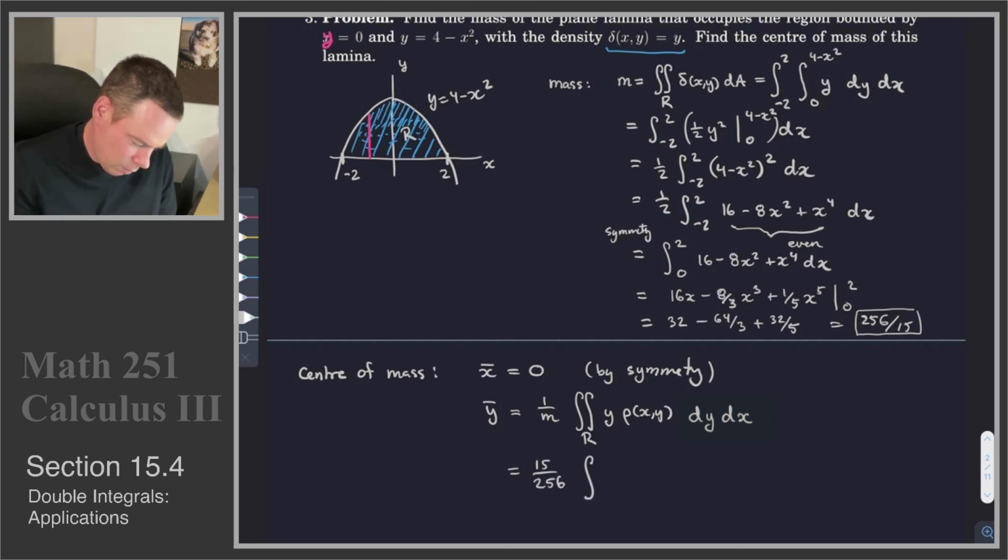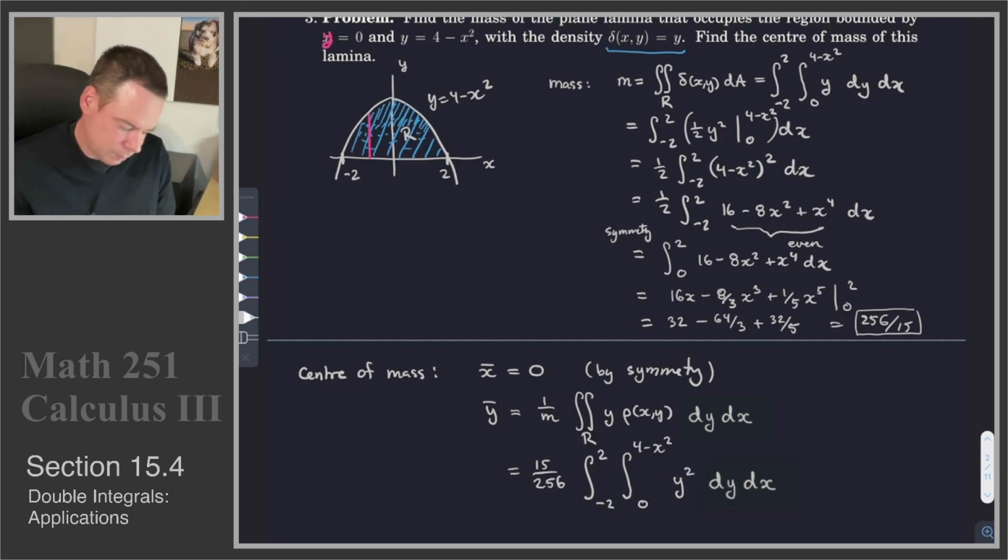We are integrating over the same region, so we can look above at our integral for the mass and just rewrite the limits of integration. The only difference is we have an extra y in our integrand. So in this case it's y times the density function, or y times y, which is y squared dx dy. So that's the integral we want to compute.